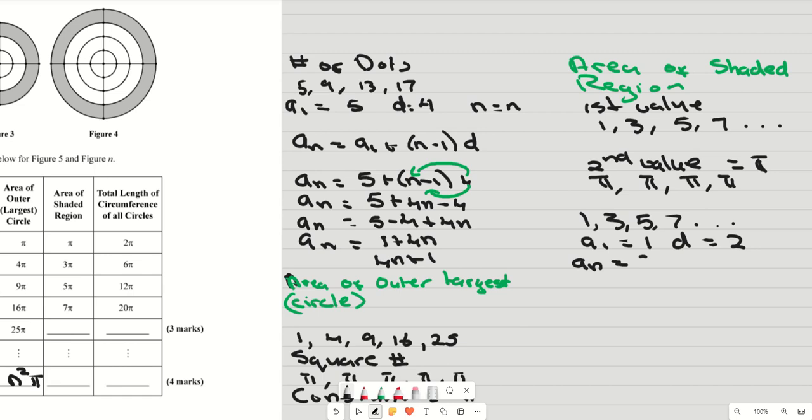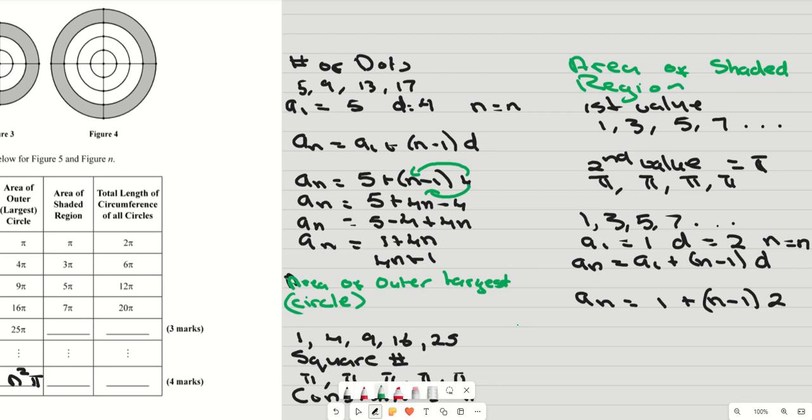You're going to use your formula: an is equal to a1 plus n minus 1 by d. We're looking for the nth term, so n is equal to n. So an is equal to 1 plus n minus 1 by your difference, which is 2.